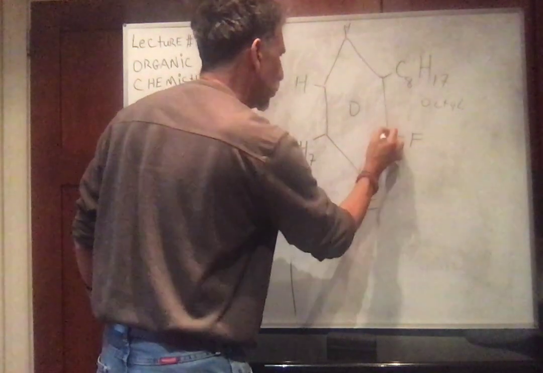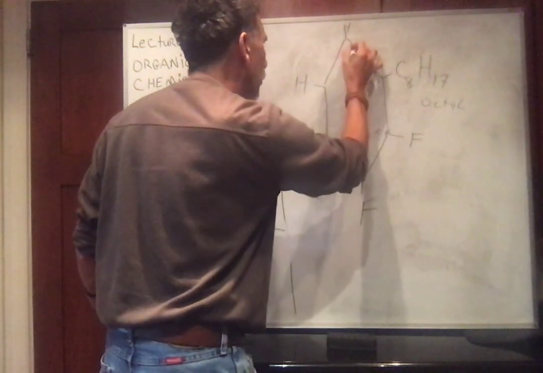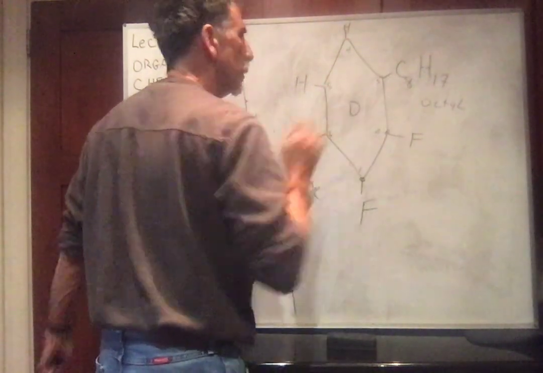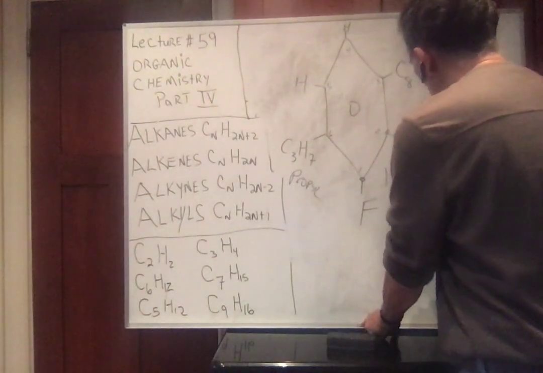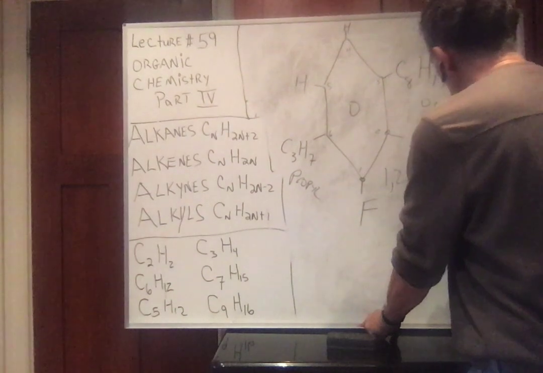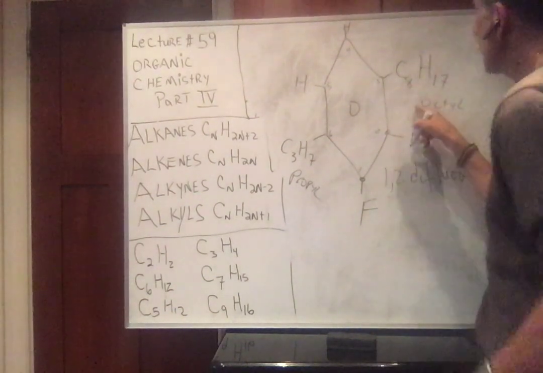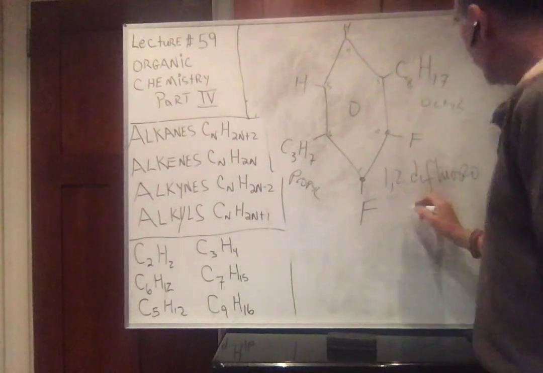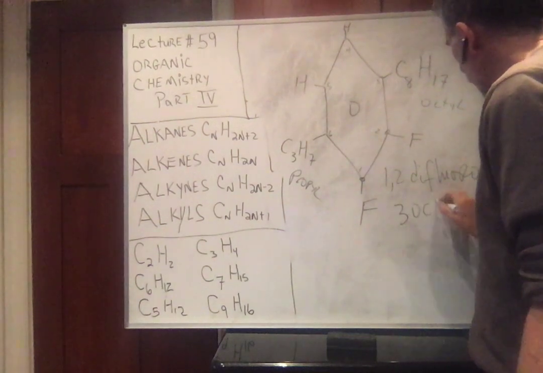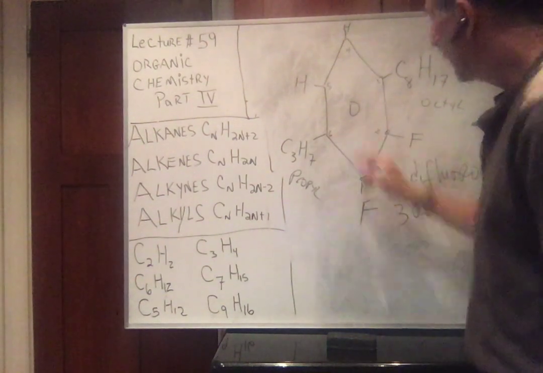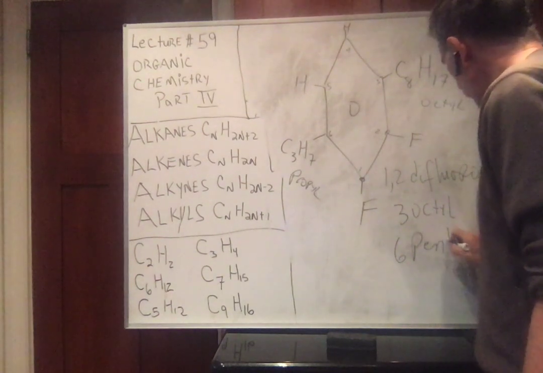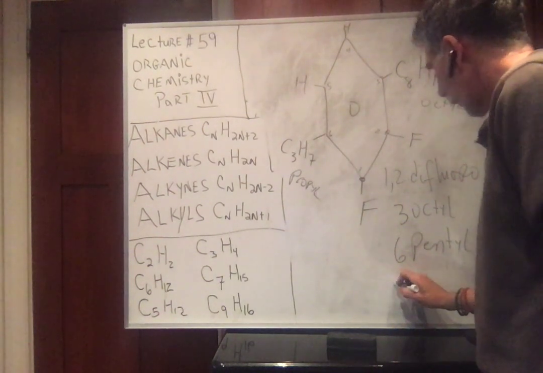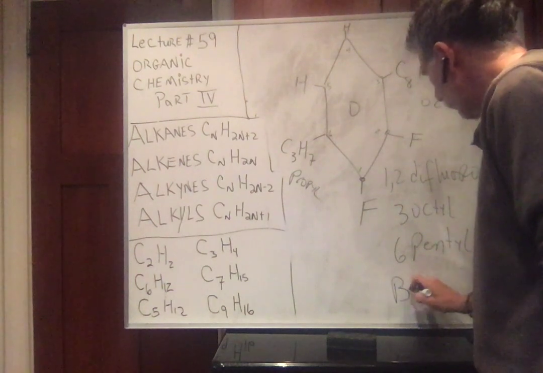So I think this would be carbon 1, 2, 3, 4, 5, 6. So what do we have? We have 1, 2, difluoro, 3 octyl, 6 pentyl, benzene.